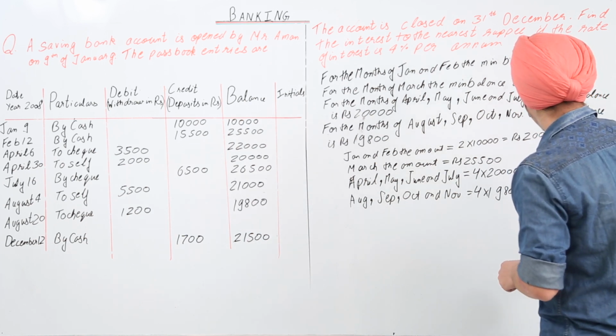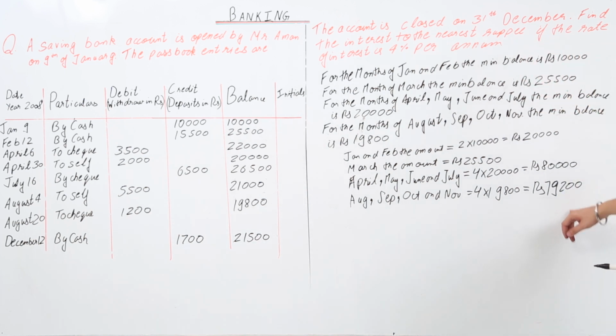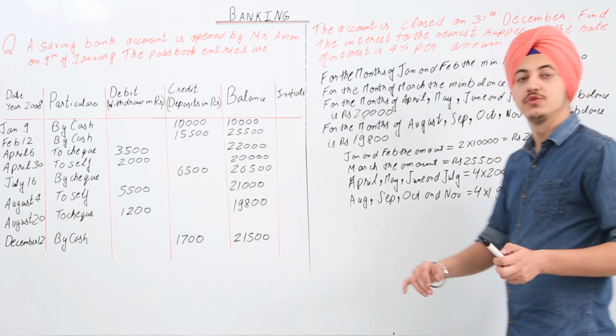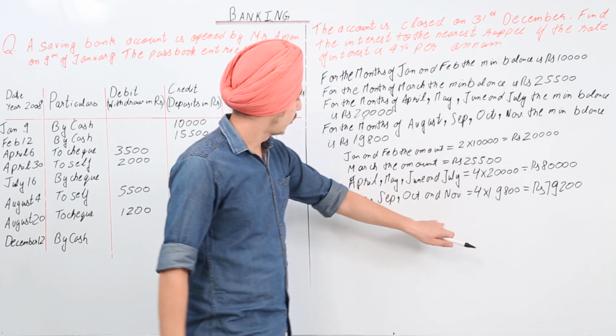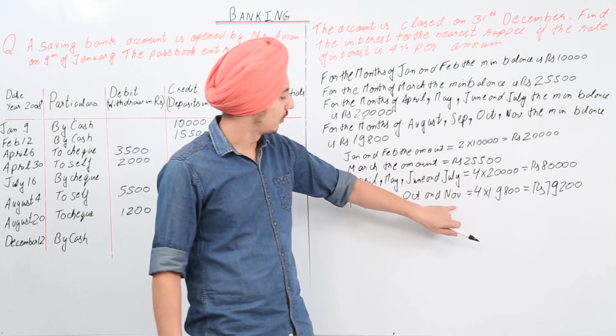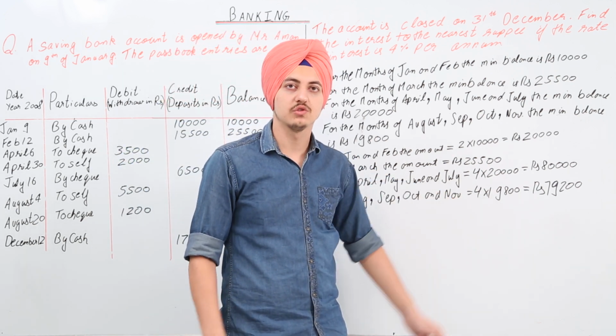Oh, did I make a mistake? No, I don't. So this is the amount for the 4 months of August, September, October and November. It is equal to 79,200. I'm really sorry for the confusion.